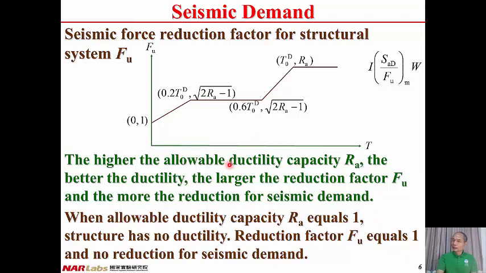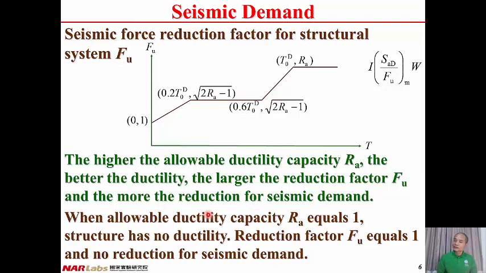The higher the allowable ductility capacity RA, the higher the value of the seismic force reduction factor. Since the allowable capacity becomes higher, the structure has better ductility, so we have a larger reduction factor and larger reduction for the seismic demand.